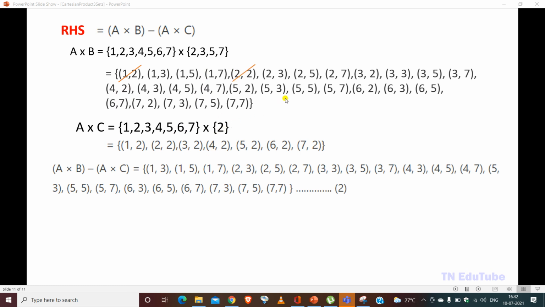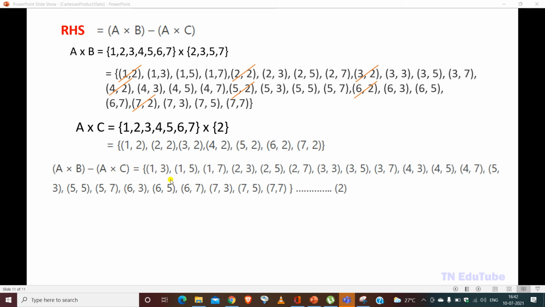Then (3,2) we can cancel. (4,2) we can cancel like this. (5,2) we can cancel like this. (6,2) we can cancel like this. (7,2) we can cancel. The remaining elements you have to write in this set. That is, the set of all elements belonging to A cross B but not in A cross C.